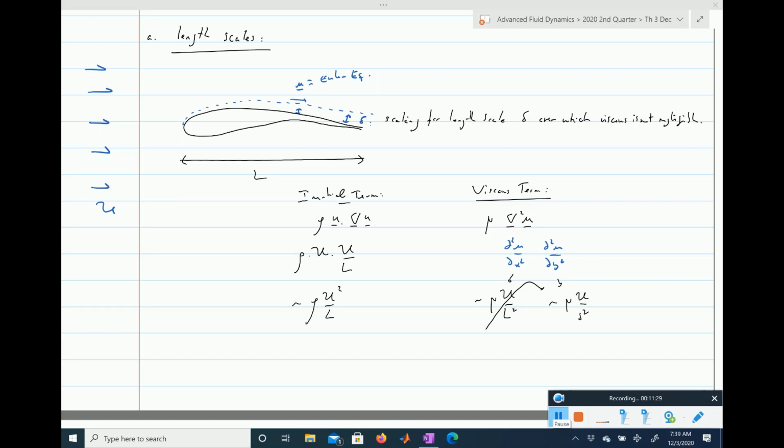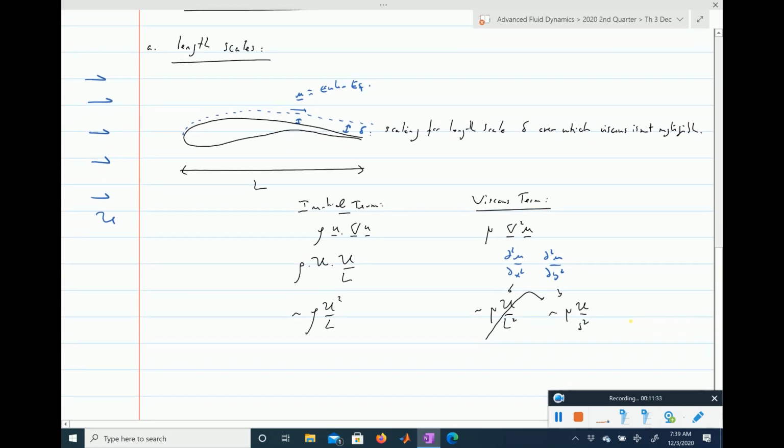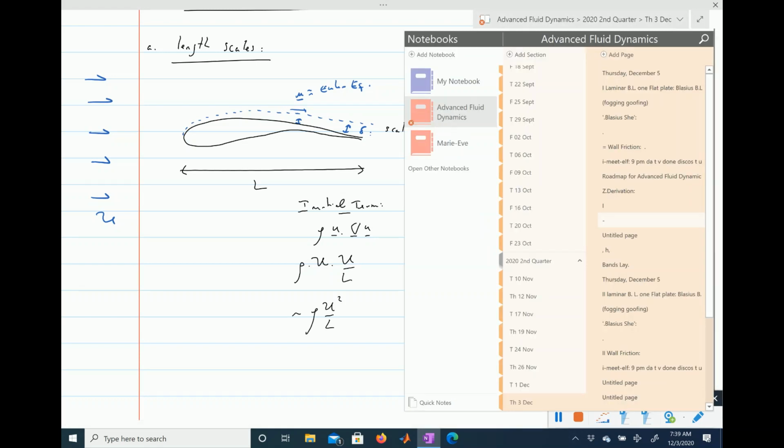So if we want to find a scaling for delta, then we simply have to say that in this region of thickness delta, these two terms are comparable in size. So when do viscous terms become important in our Navier-Stokes momentum equation? It's when these two terms are of similar scaling, of comparable orders of magnitude.